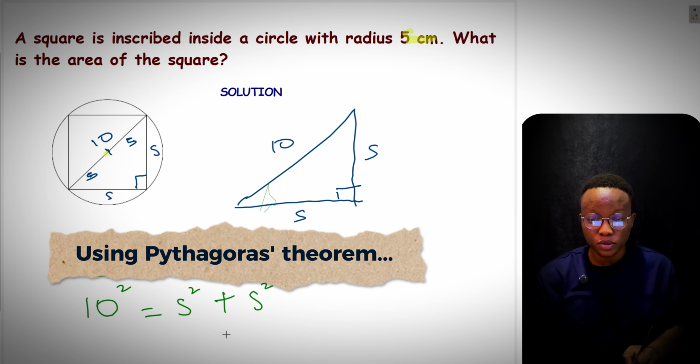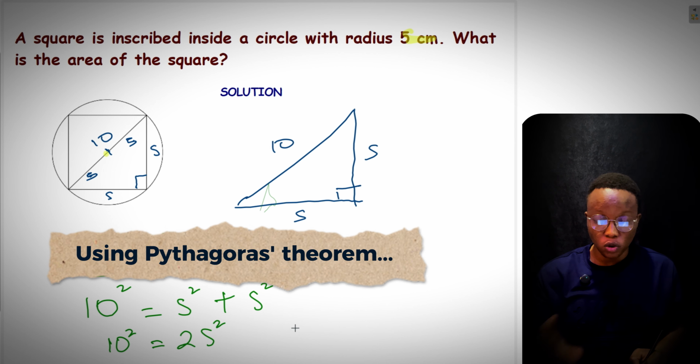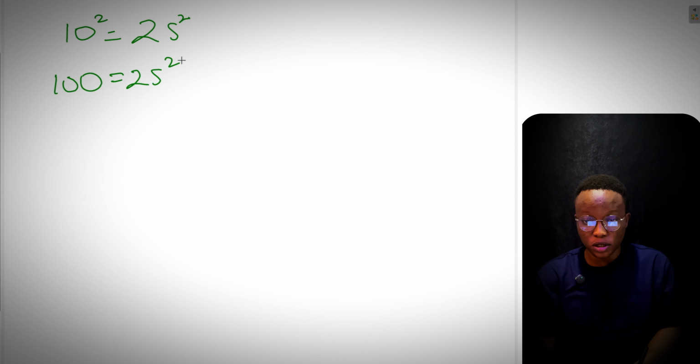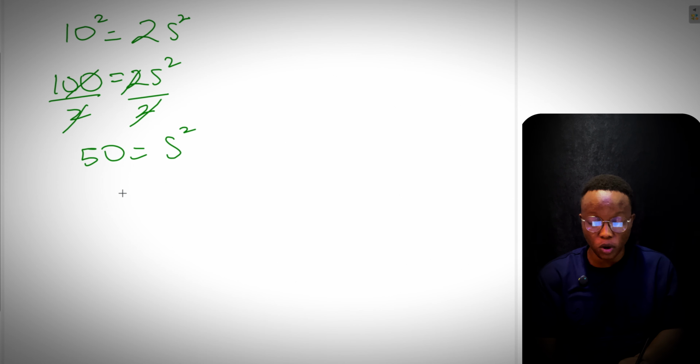This will in turn give us 10 squared is equal to 2S squared. So now we're trying to make S the subject of the formula. We have 100 is equal to 2S squared, which when we divide both sides by 2, we then have 50 is equal to S squared.